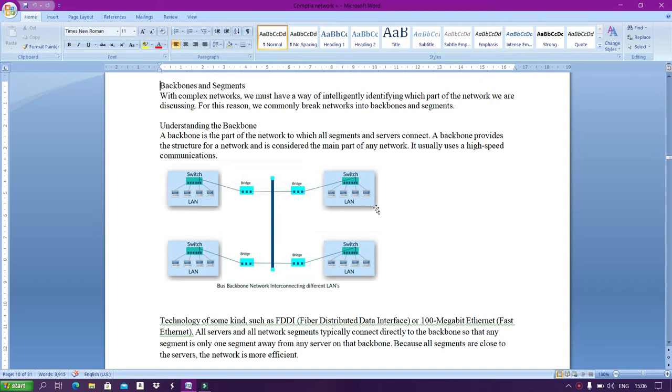So here you can see you've several networks here, 4 switches, and here's the backbone connection then for this network.